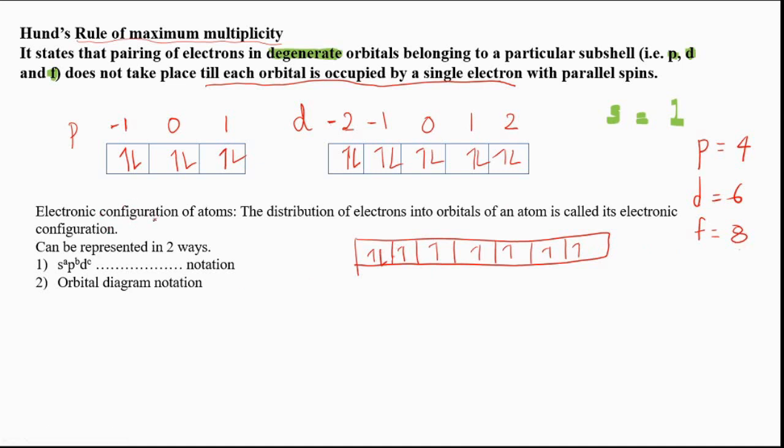Now I know how I have to fill, but how do I denote the electronic configuration? What is electronic configuration basically? The distribution of electrons into orbitals of an atom is known as its electronic configuration. Now this can be represented in two ways.